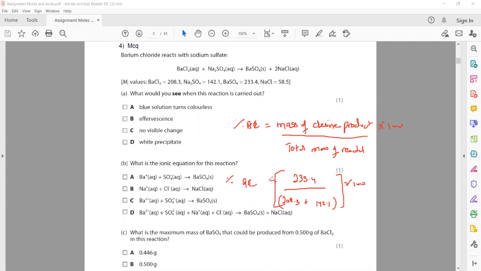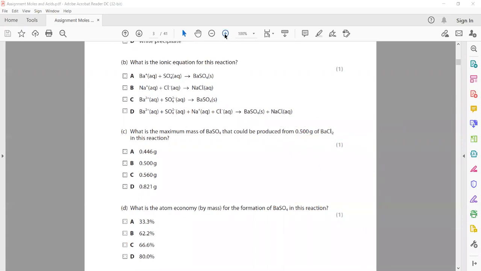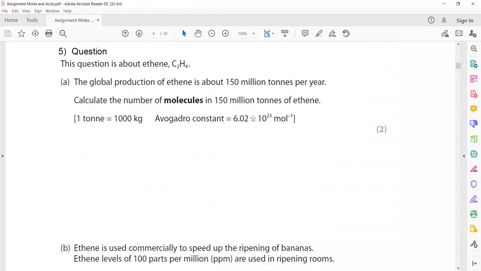So 233.4 divided by 208.3 plus 142.1 into 100. This will give us the percentage atom economy. That will come out as 66.6%. So C is the right answer for part D.